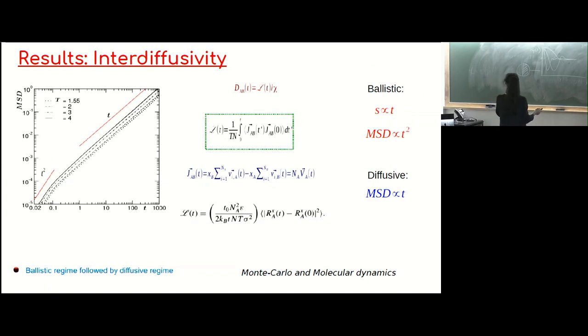And what I plot here is the mean square displacement as a function of time. And as you see, at very early time, you see the t squared ballistic regime. And then at late time, it crosses over to the usual diffusive regime, from which you can calculate the equilibrium value of the interdiffusion constant.